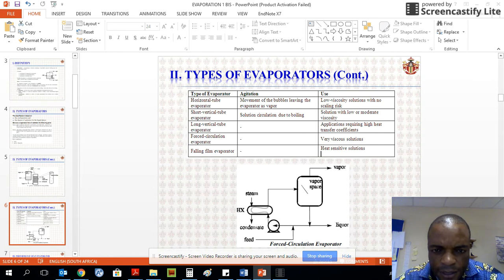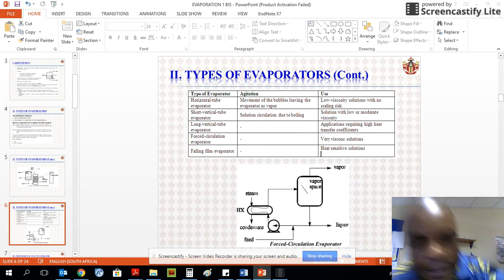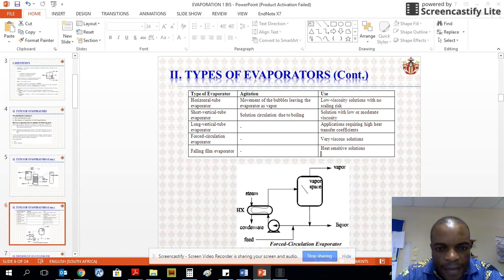In this session, let us start with the different types of evaporators. As you can see on our slide number 6, which is in front of you, we listed 5 different types of evaporators, the modes of agitation used in those evaporators, as well as the applications for each type.